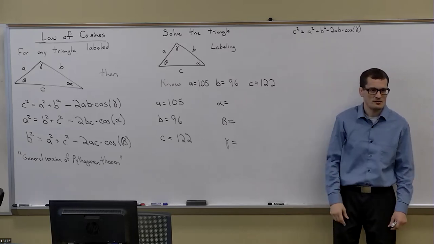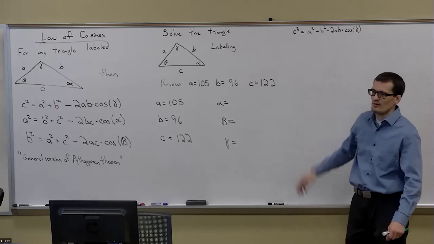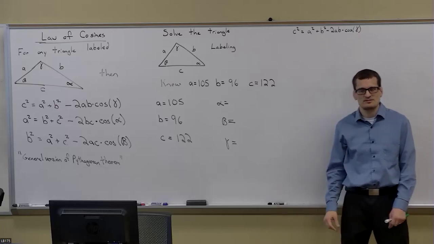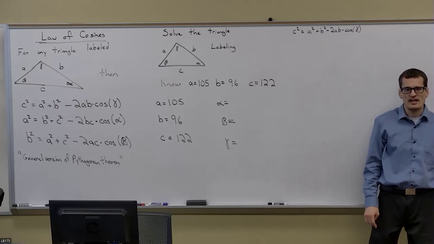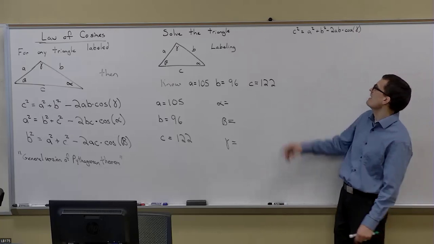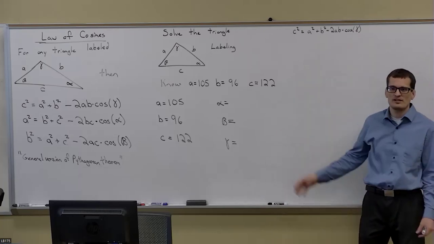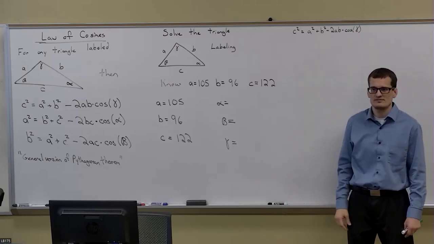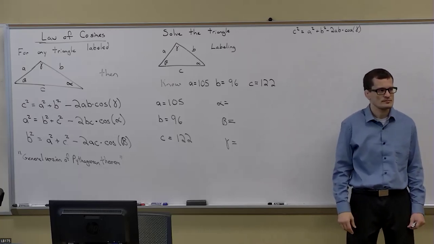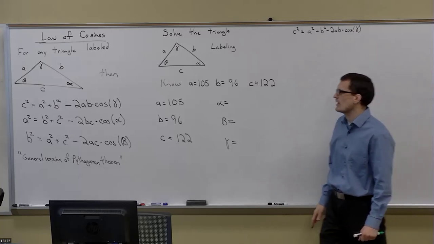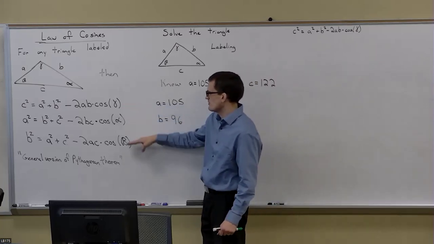We already had the one up there for gamma, so might as well use the gamma. On a different day, if the previous example had used the one with the cosine of alpha, I'd probably use the alpha. So you just pick one of these, doesn't matter which one.